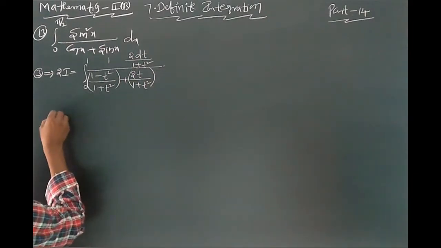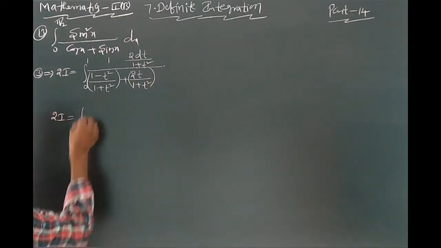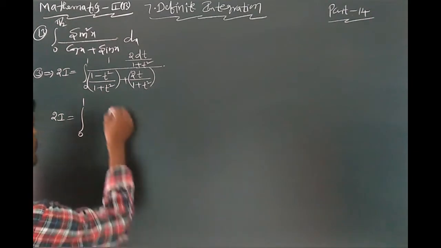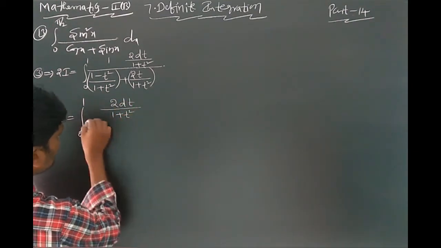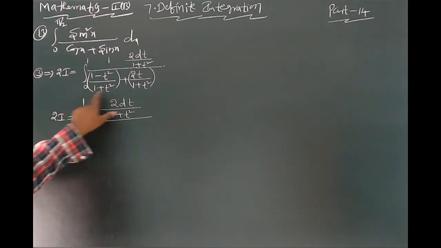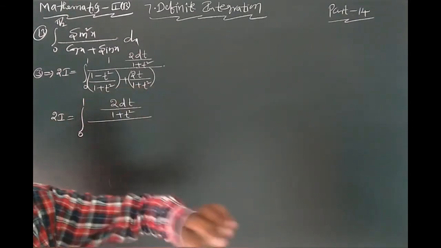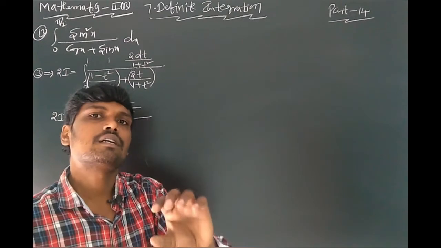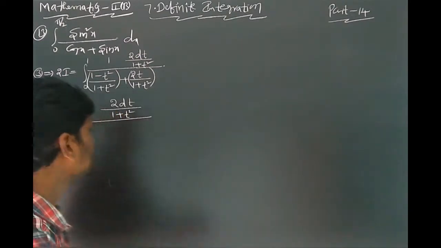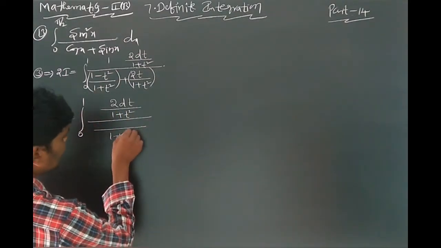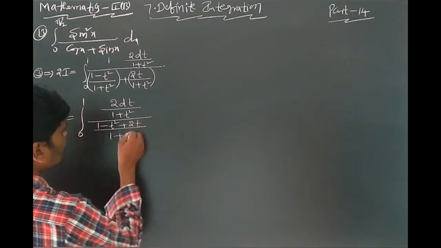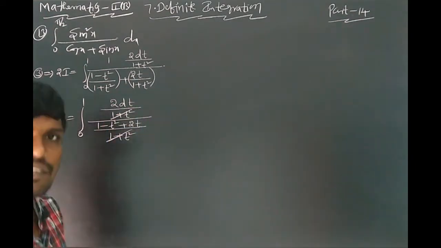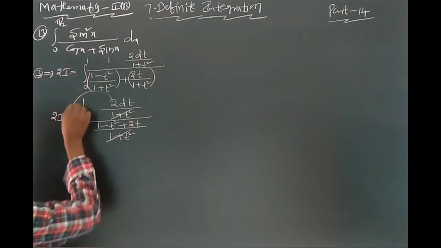We can write 2I is equal to the integral from 0 to 1 of 2t by (1 plus t square) whole dash. We have to take these two terms, the denominator is similar, and 1 plus t square is the LCM: 1 minus t square plus 2t. The 1 plus t square terms get cancelled. Here 2 is common.